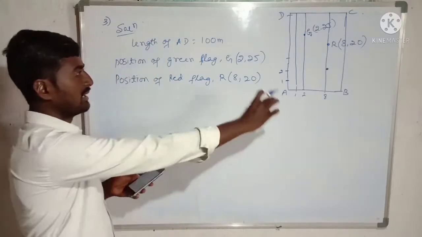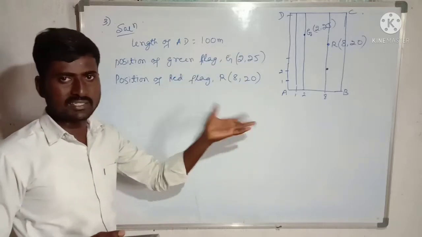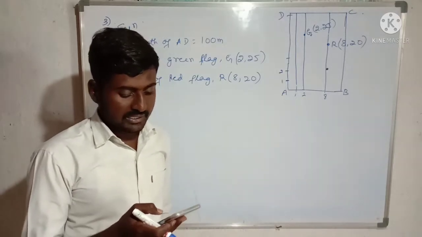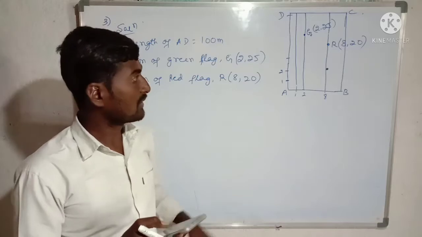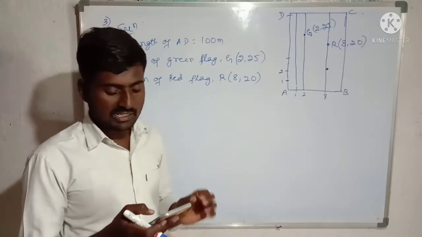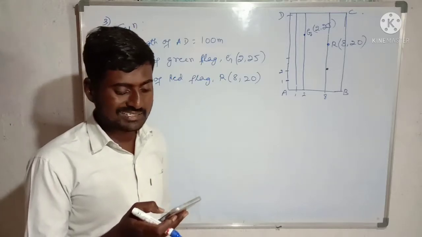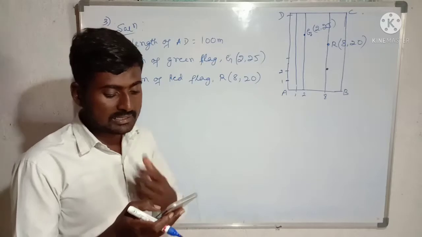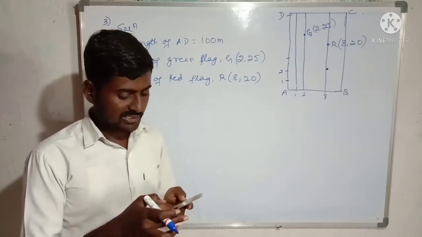Next, what is the distance between both the flags? First we have to find the distance between these two flags, that is GR or RG. Then one more they ask: if Rashmi, one more girl, wishes to post a blue flag exactly halfway between the line segment joining the two flags, where should she post her flag?